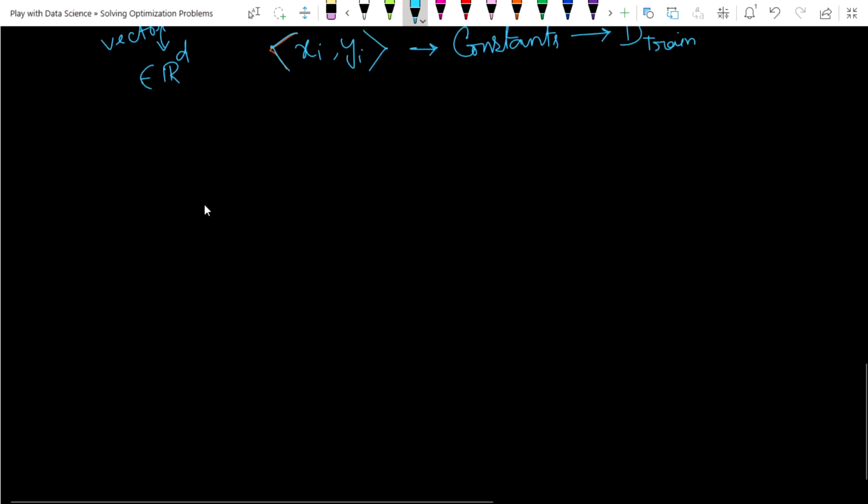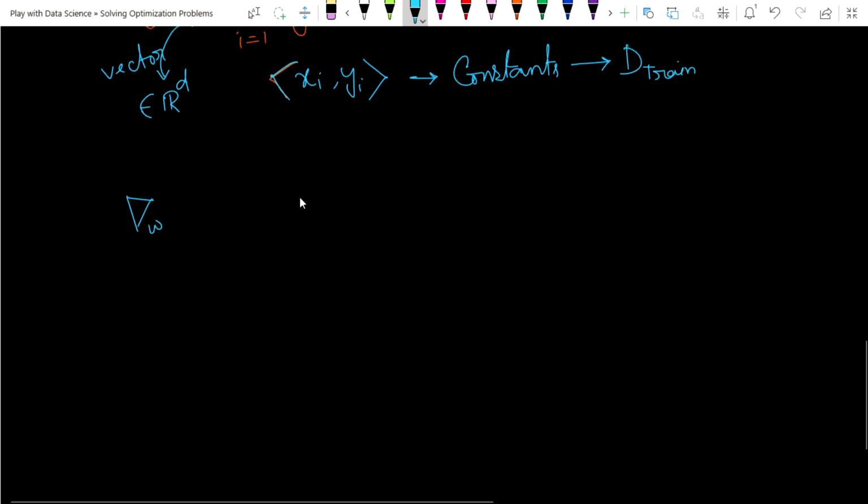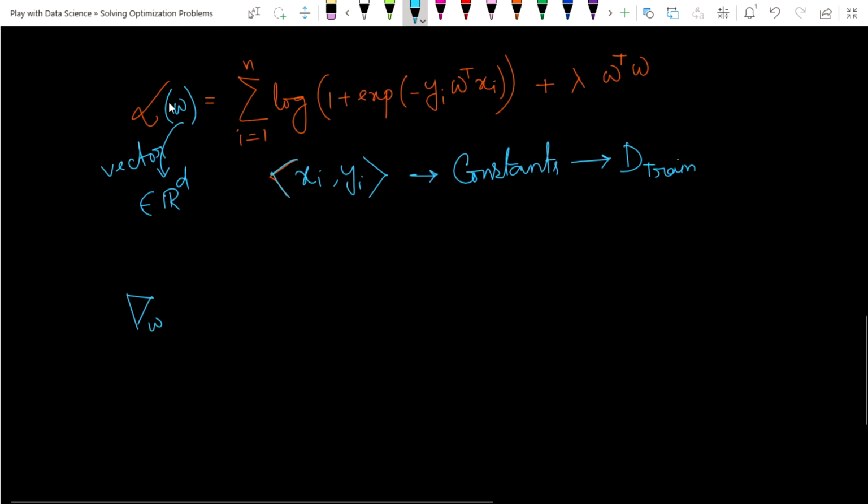Now we have to find the minimum of this. At the end of the day, in logistic regression we have to find the optimal w, meaning the minimum of this function. So we differentiate the L function with respect to w.